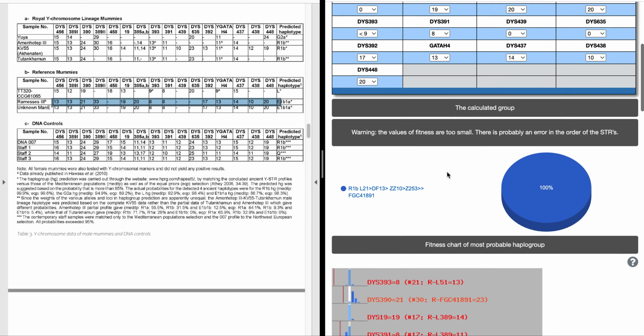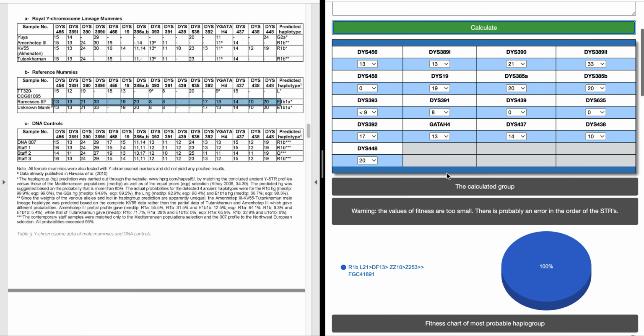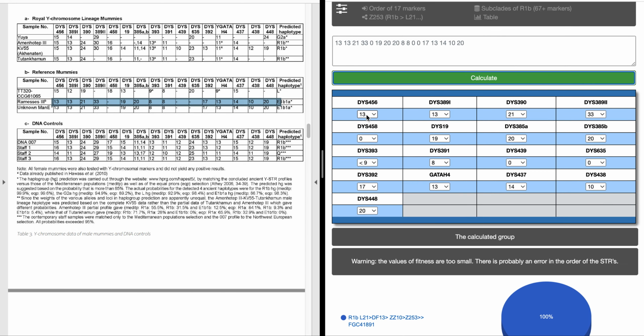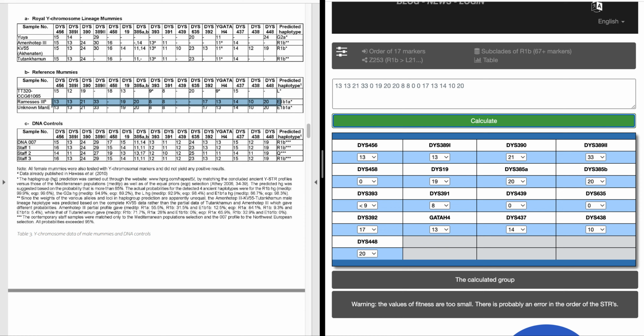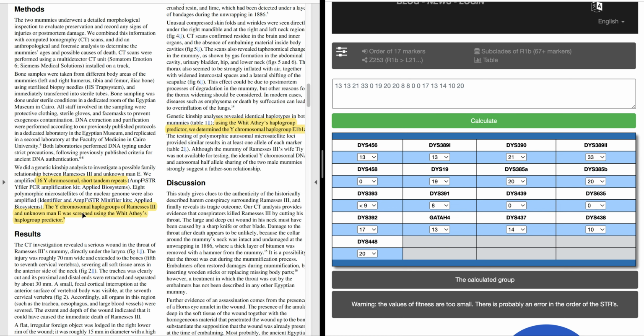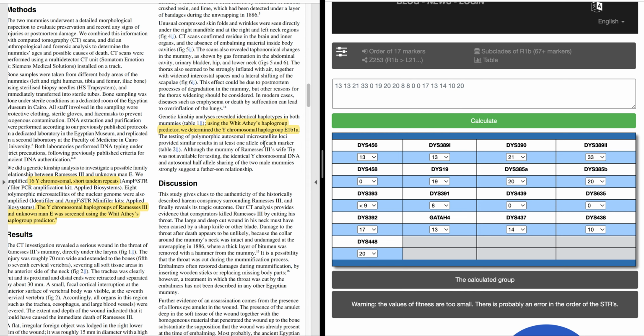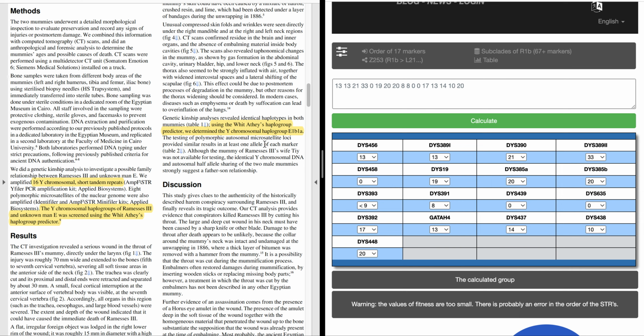I've tried to contact Wikipedia to let them know to update their information for Ramses III, that they used Y-Athey's haplogroup predictor, and NevGen completely says something else. They refuse to use NevGen's because they realize it's just a prediction and not confirmed.